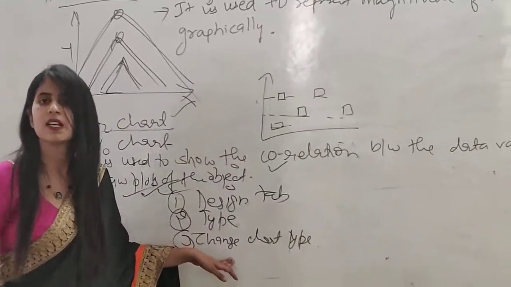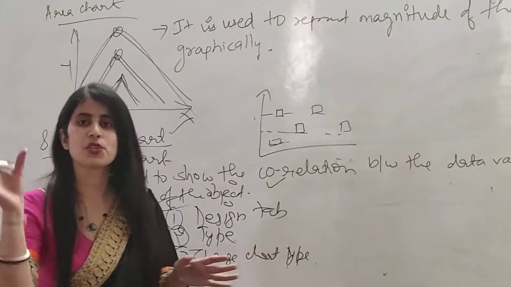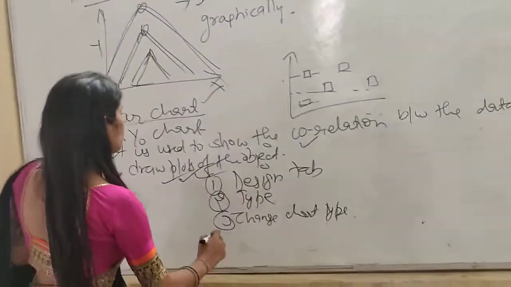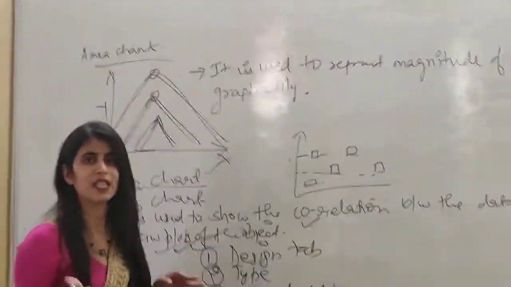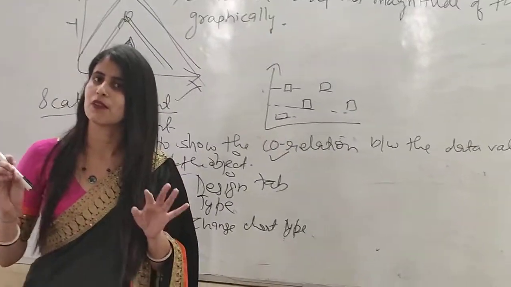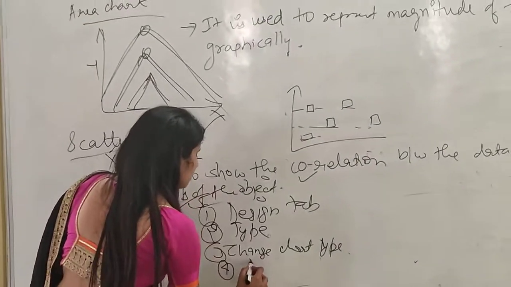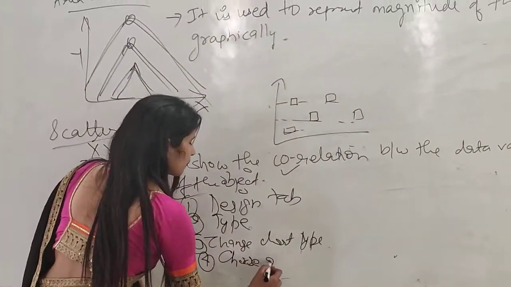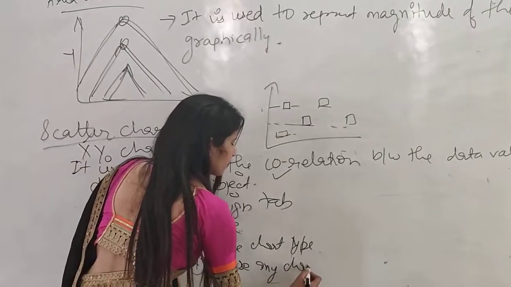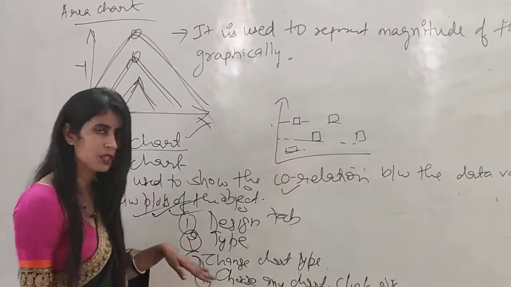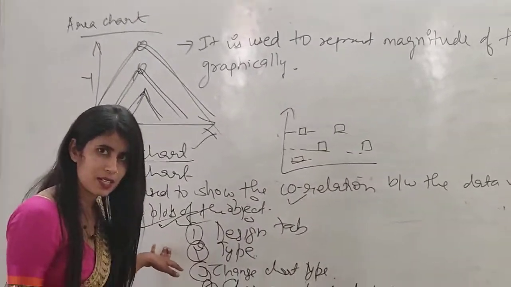When we click on Change Chart Type, it will show us all the available charts. So you can choose any chart, line, area, scatter, whatever chart is there, and click. In this way you can change the chart type.